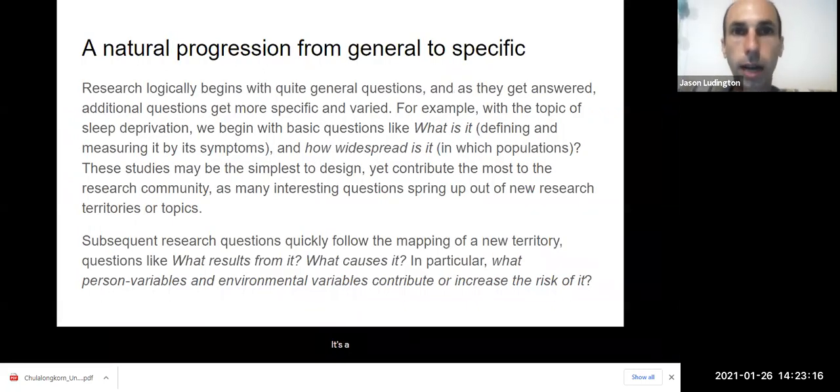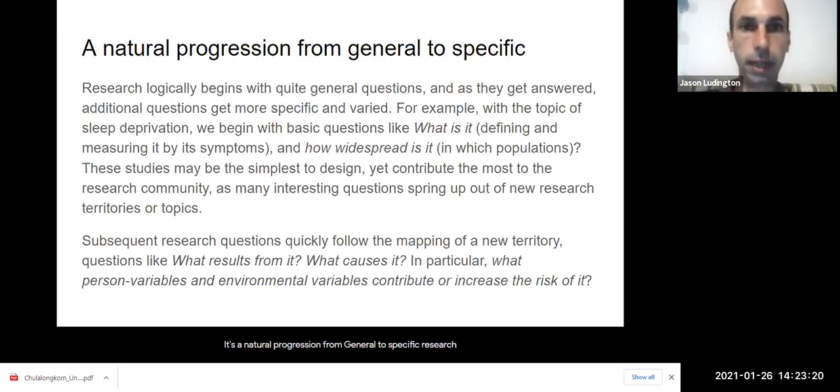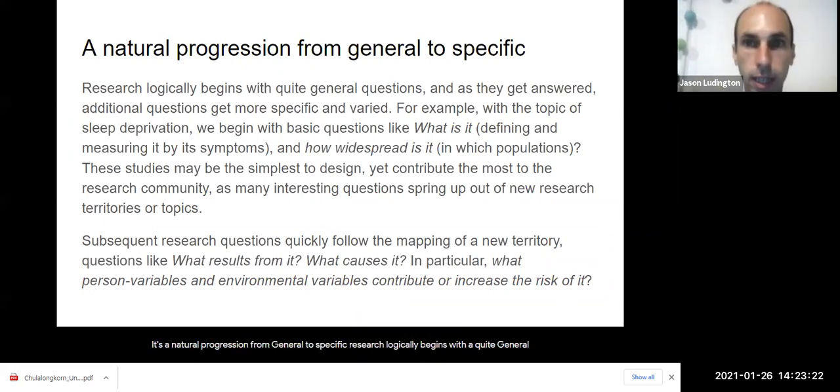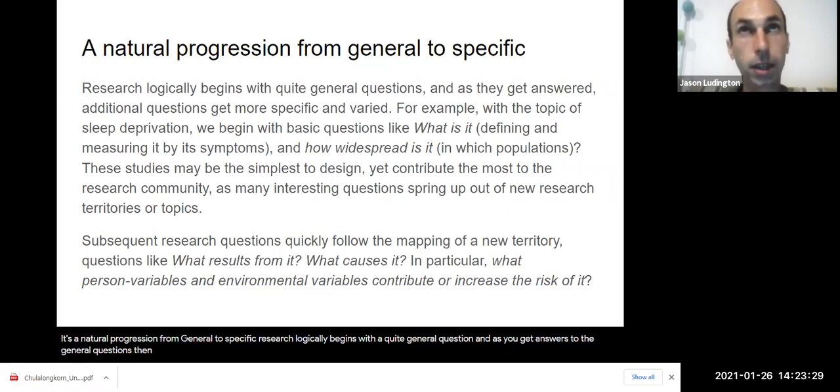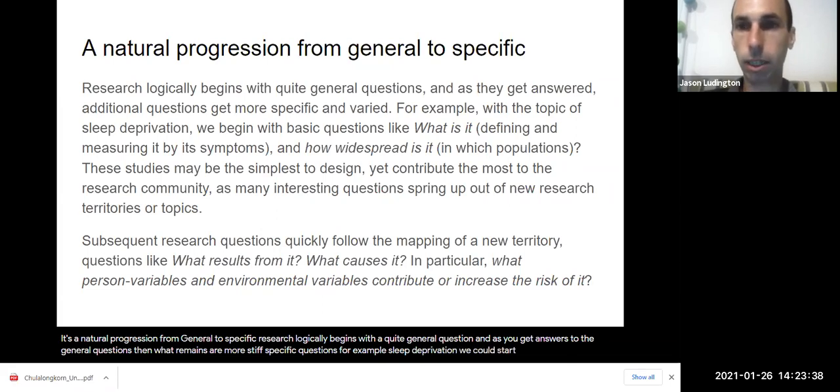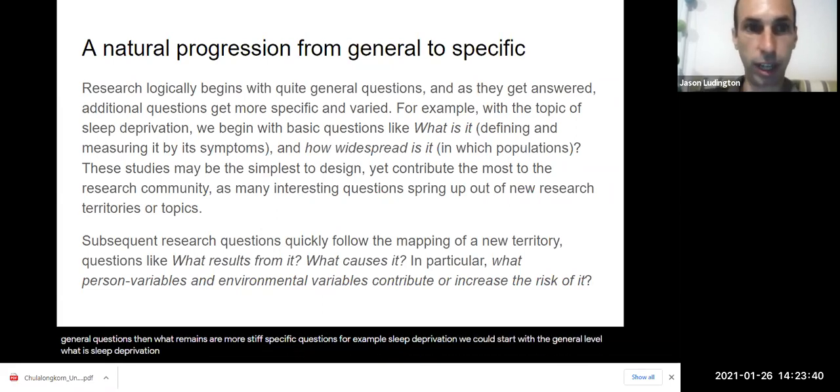A natural progression from general to specific. Research logically begins with a quite general question. And as you get answers to the general questions, then what remains are more specific questions. For example, sleep deprivation. We could start with the general level. What is sleep deprivation?